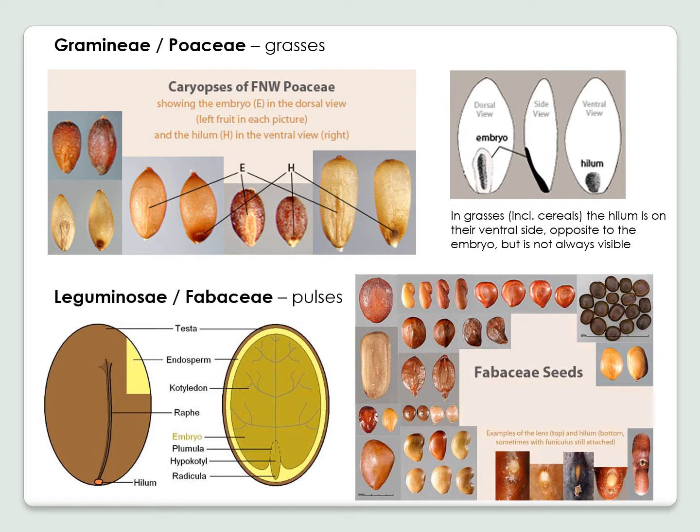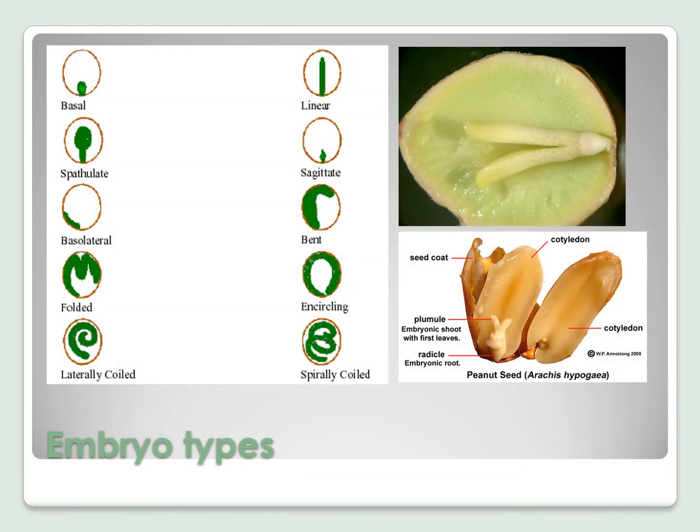The pulses belong to the dicotyledons, so the embryo is invisible in a complete seed. The hilum, in contrast, is very obvious and an important diagnostic characteristic in this family. The shape of the embryo is also very diagnostic, but in carbonized seeds often not preserved.